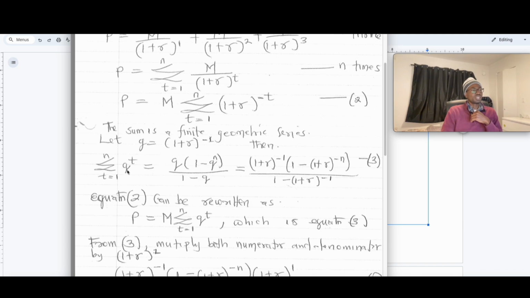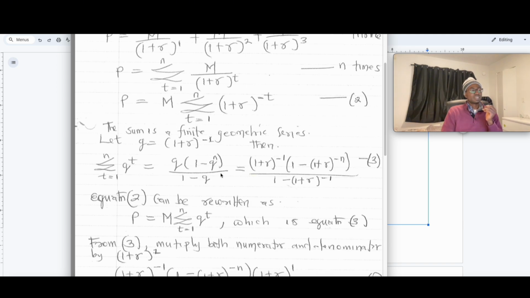So this equation 3 is the same thing as equation 2. And based on the finite series formulation, the summation of this will be equal to this term mathematically. That is, when you sum up q raised to power t, for t that ranges from 1 to n, it will sum to q times the quantity 1 minus q raised to power n, divided by 1 minus q.